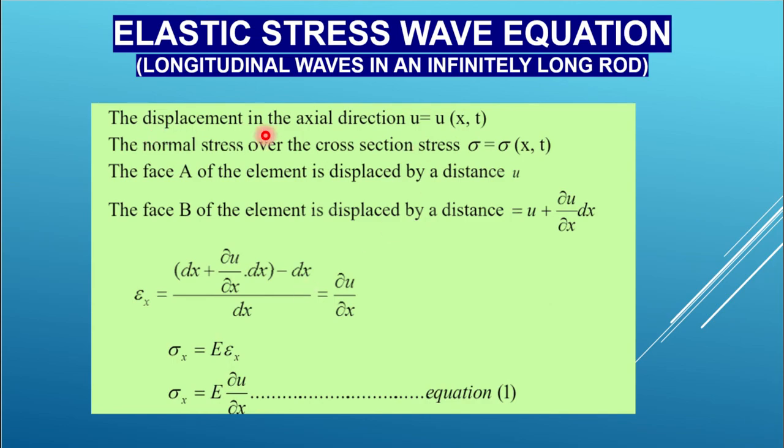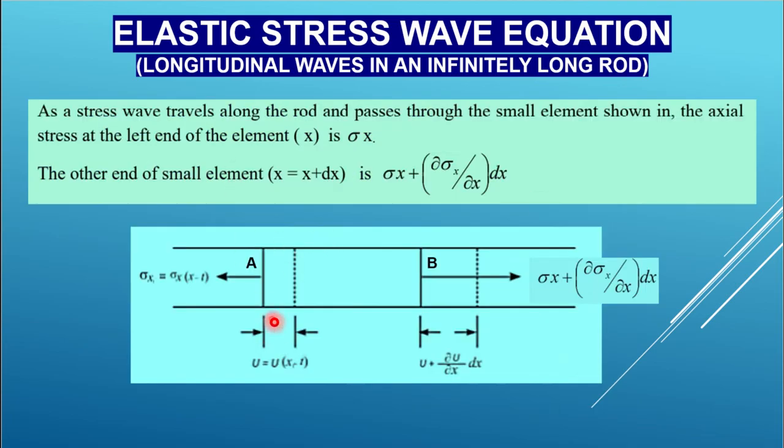Here you can see the initial displacement in the axial direction is u. u of x and t means it is based on length and time. And normal stress is given by sigma. We have seen face A of the element is displaced by a distance u, and face B is displaced by a distance u plus dou u by dou x into dx. Here I will show you this particular figure.